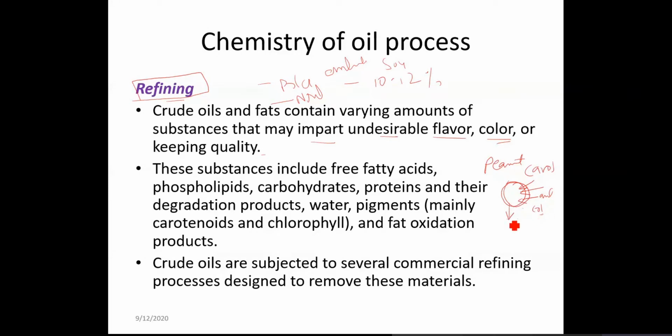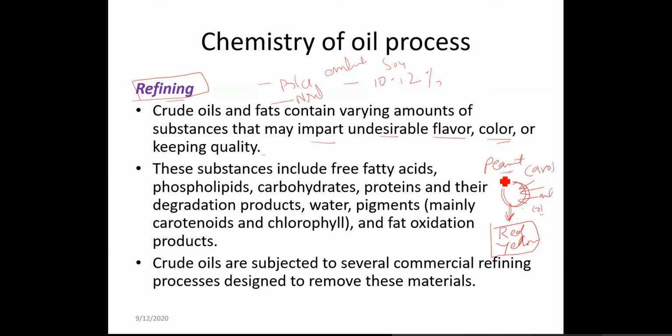So when you try to extract the fat, these pigments also come, and the color of the oil will be either red or yellow or a little bit pinkish. But this color is undesirable. People want a very whitish, clean, transparent oil.